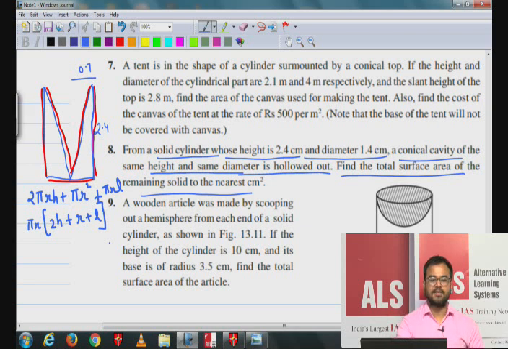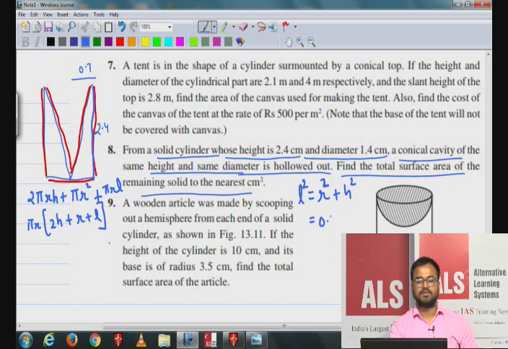So you can see that in the cone, radius is known and height is known. So for that one, L square is R square plus H square, using the Pythagoras theorem. Slant height square is the radius square plus height square. Radius is 0.7, 0.7 square is 0.49, plus 2.4 square. 24 square is 576, so since it is 2.4, it will be 5.76.